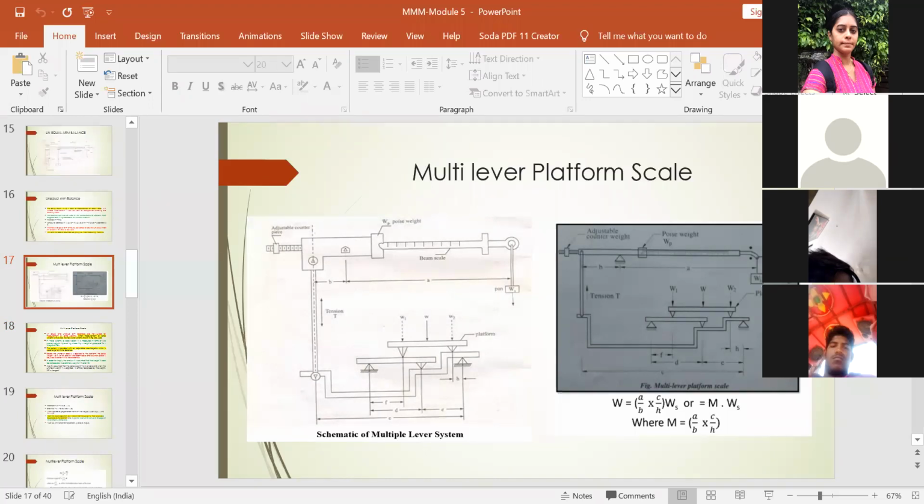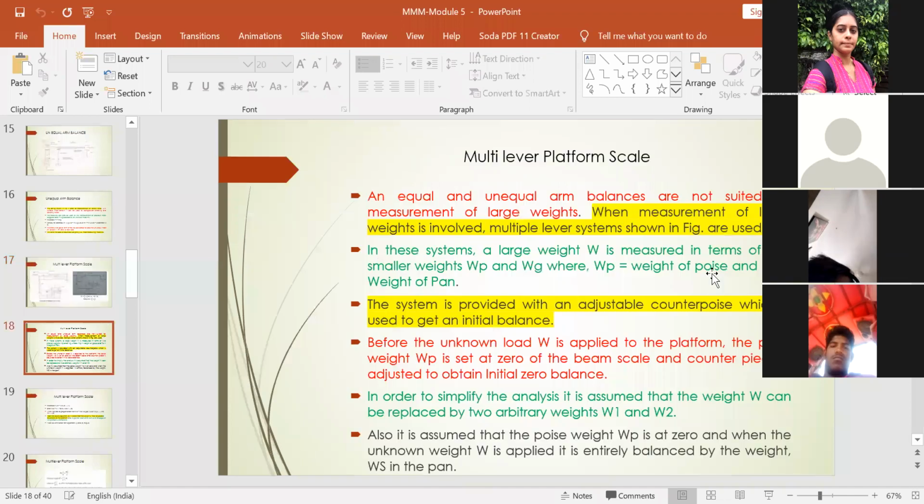That is the pan weight, and here you will have a poise weight in order to keep this stable. Along with that you will have an adjustable counterweight, so that it is in an exactly balanced position. For that you need a poise weight, which we call WP, and the associated pan weight, which is called WS.